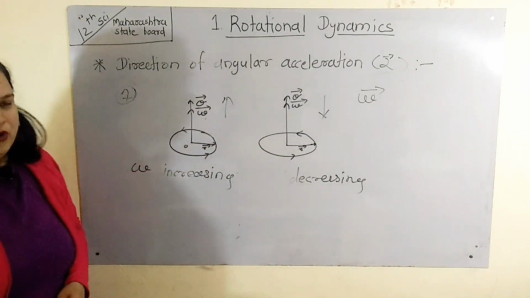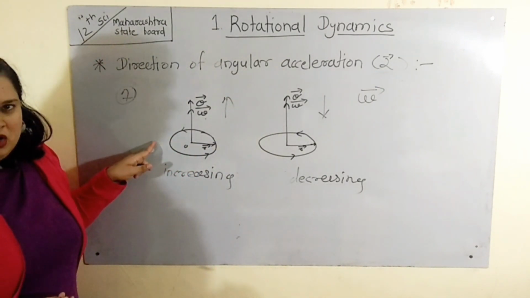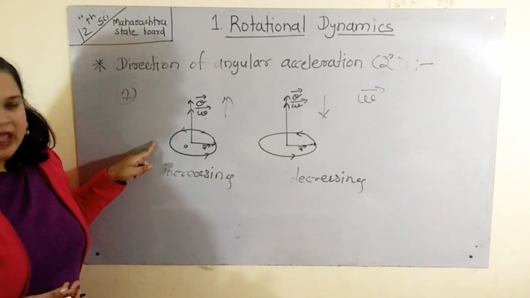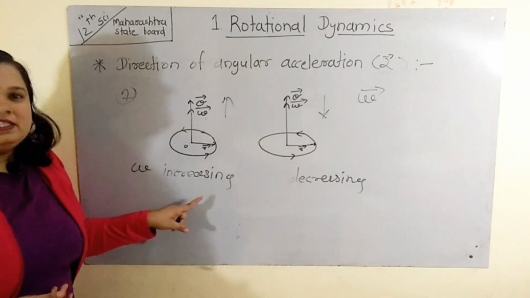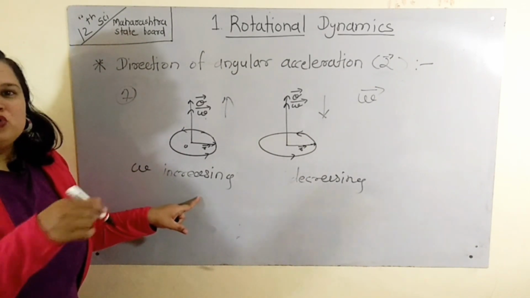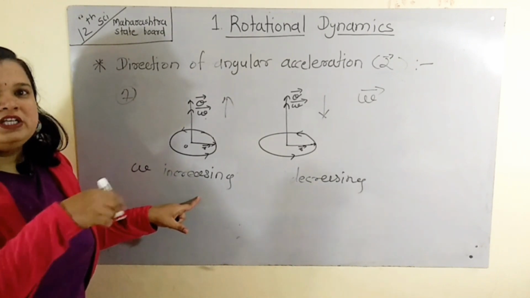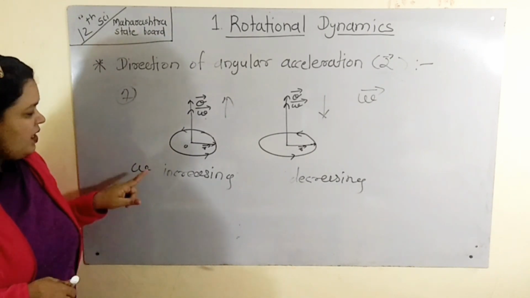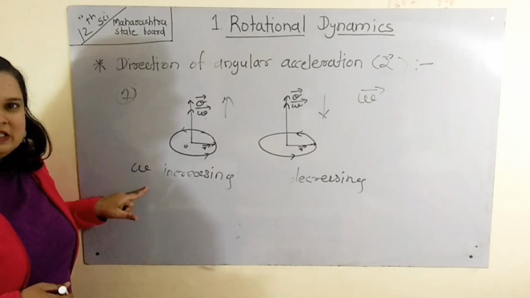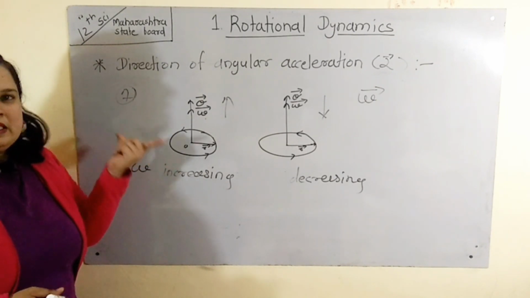A simple example: if we turn on an electric fan, initially omega is increasing. The motion starts slowly and speeds up. That means in the first case omega is increasing.